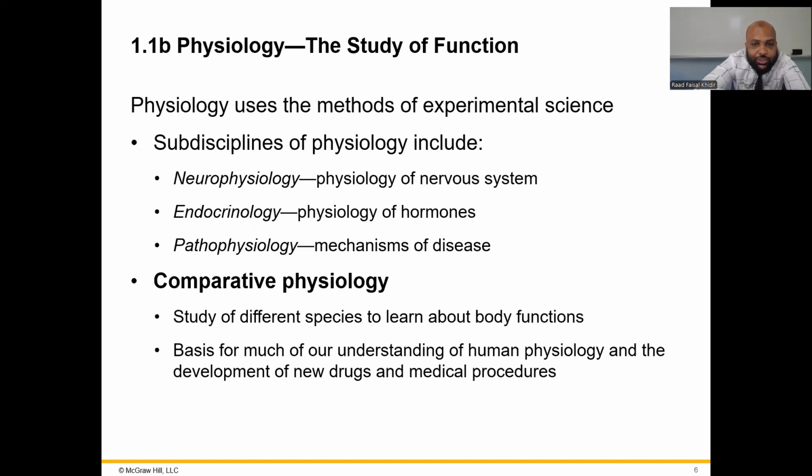Physiology uses methods of experimental science. There are subdivisions of physiology, and one is neurophysiology. That's when you study the function of the neurons, nothing else. Endocrinology is when you study the physiology of the hormones.